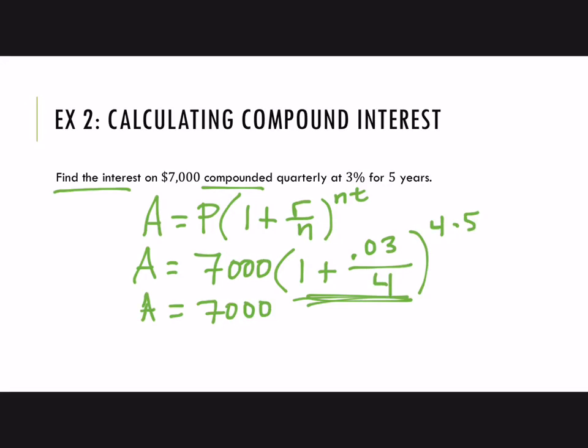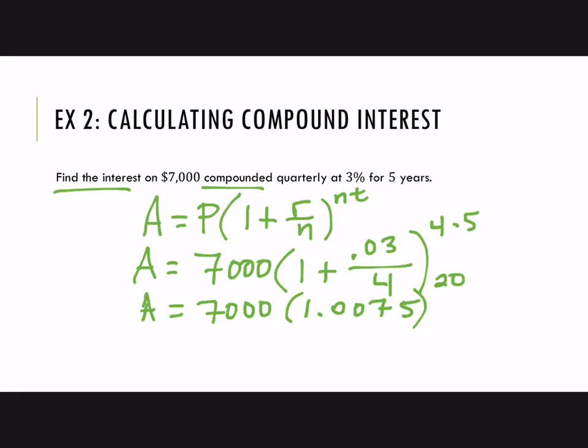Using order of operations, that's the part that gets done first. If that works out to be an exact value and not rounded, you can go ahead and figure that out. So this one is 1.0075, and that's an exact value, so I can replace that, to the 20th power.